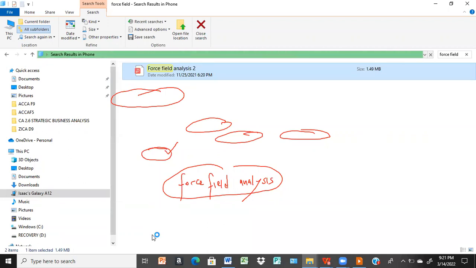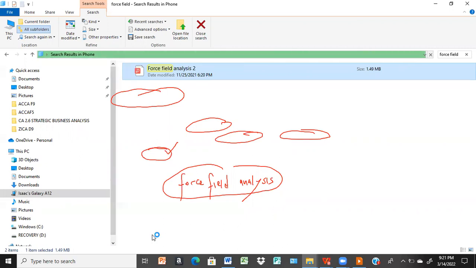Okay, so force field analysis, my diagram is still coming on there. But let's make some sense out of the diagram.